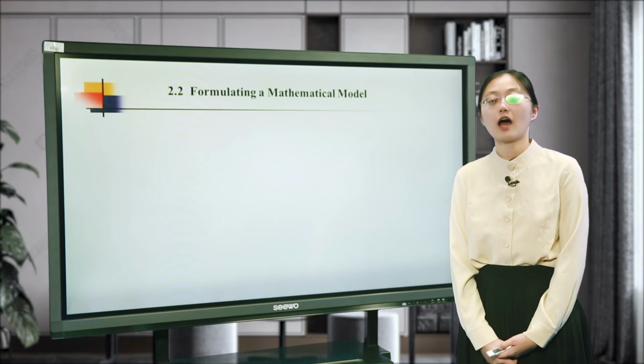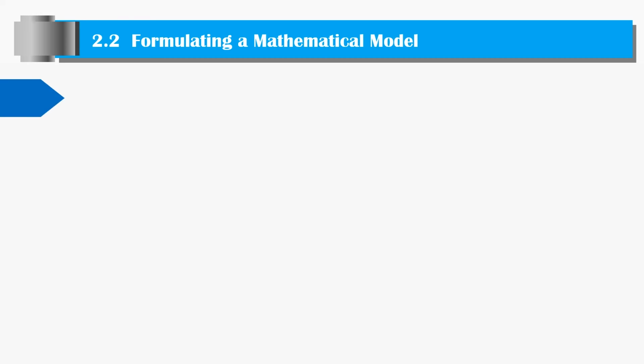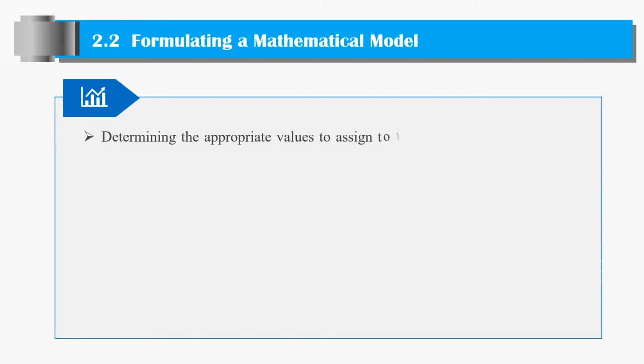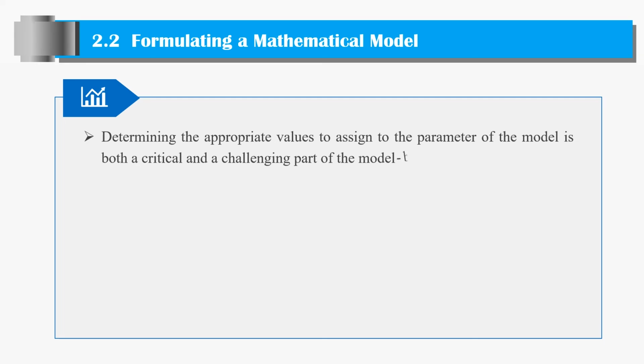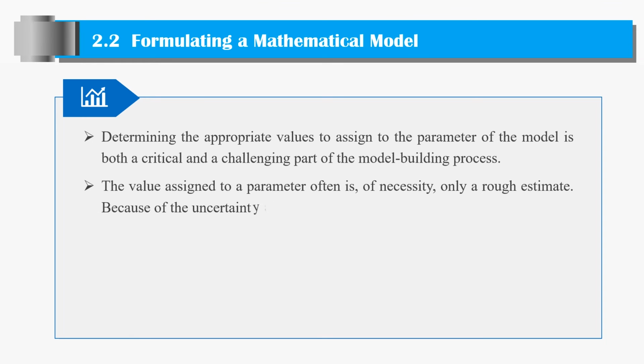Next, we talk about how to formulate a mathematical model. Determining the appropriate values to assign to the parameters of the model is both a critical and challenging part of the model building process. The value assigned to a parameter often is, of necessity, only a rough estimate because of the uncertainty about the true value of the parameter.